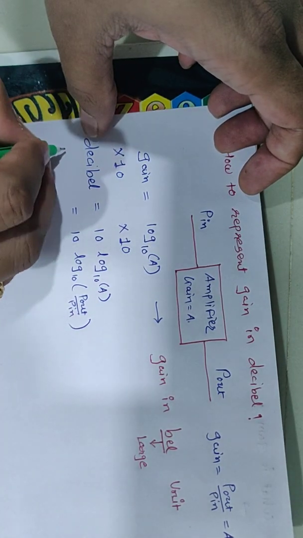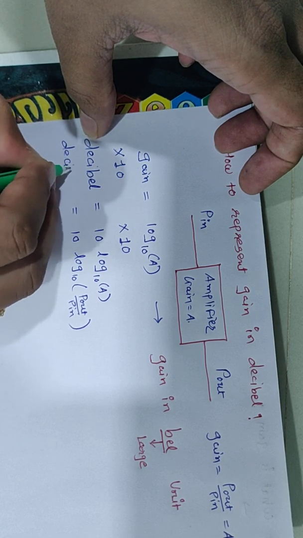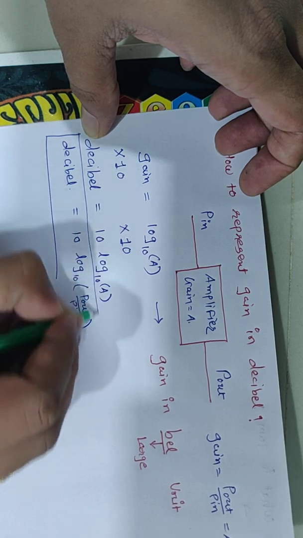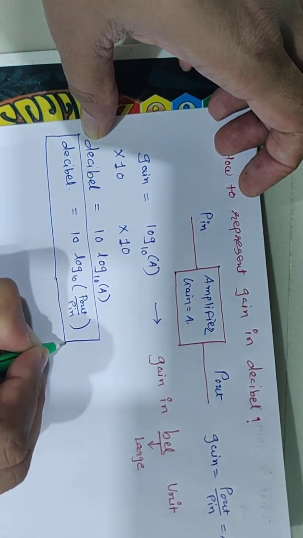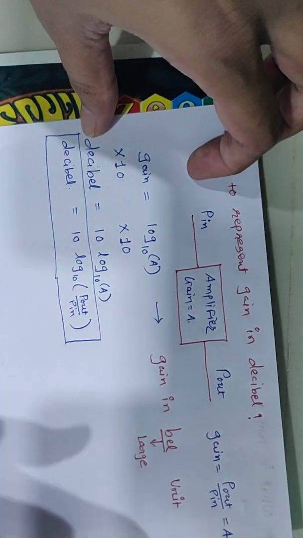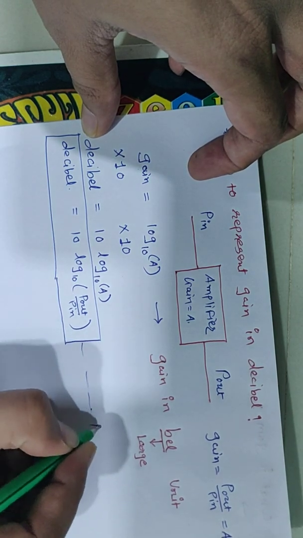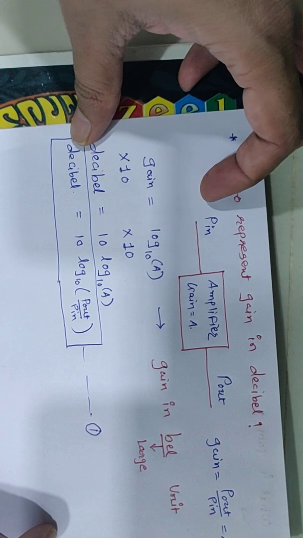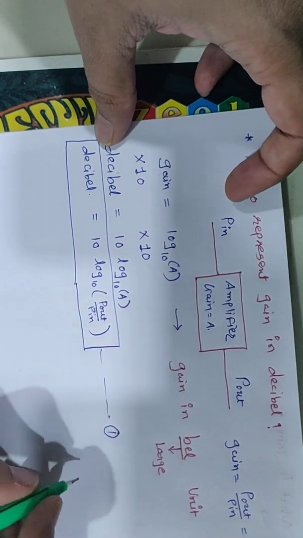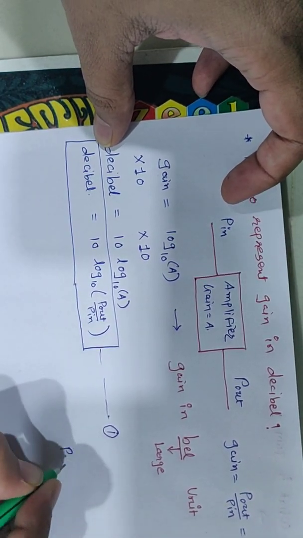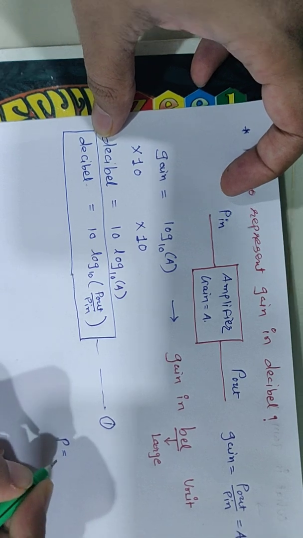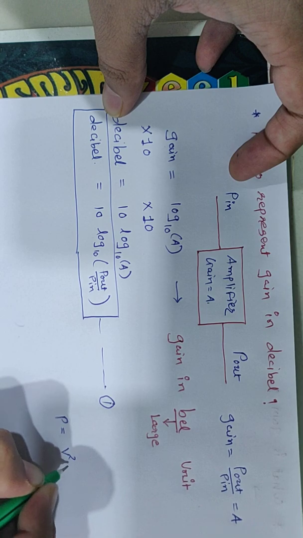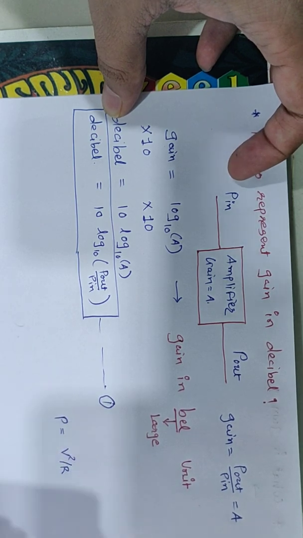Okay, so this is the equation which we can write for the power gain to convert it into decibel.